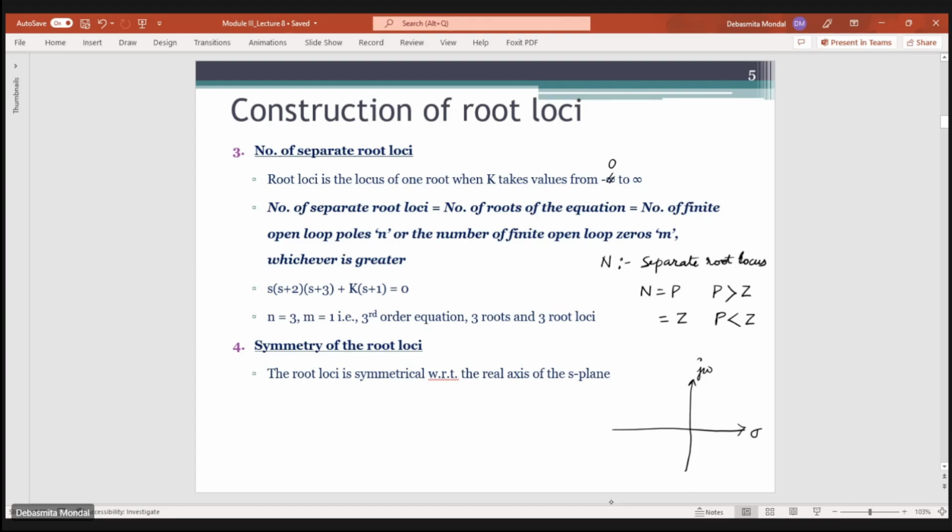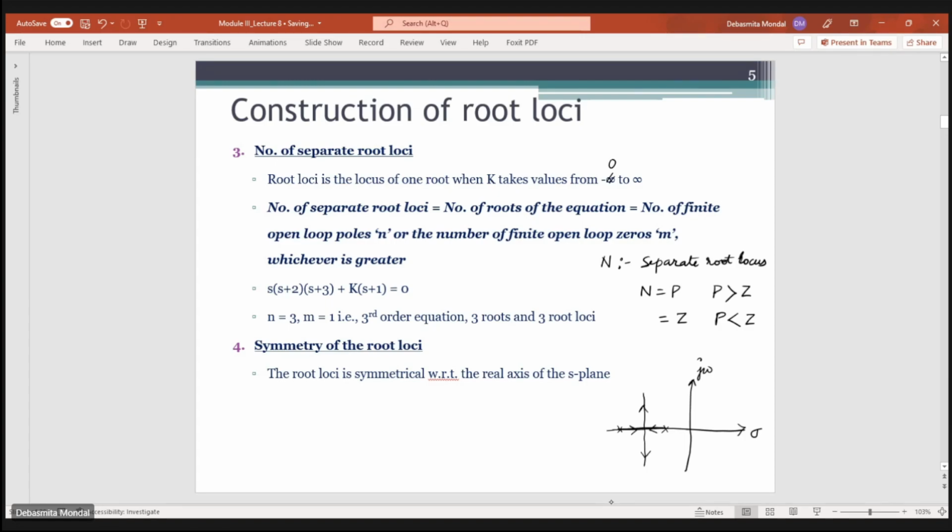Okay, so let's say that you have one pole over here and you don't have any zeros. If you draw the root locus of this plot, it will be something like this, and it will go like this.